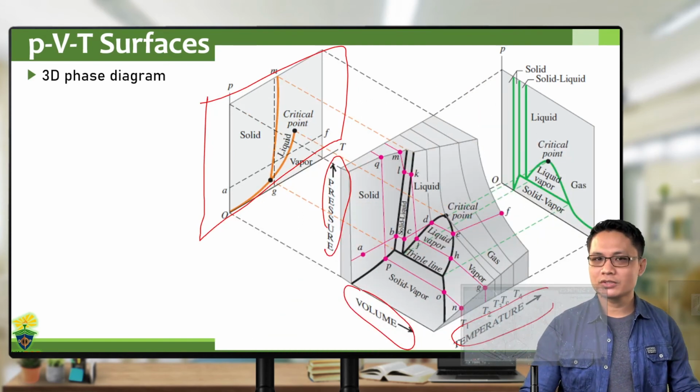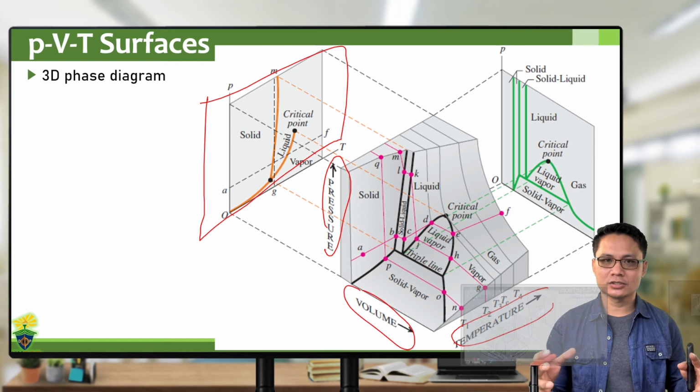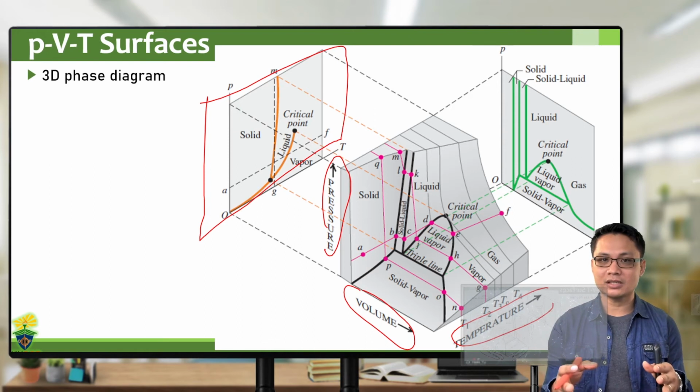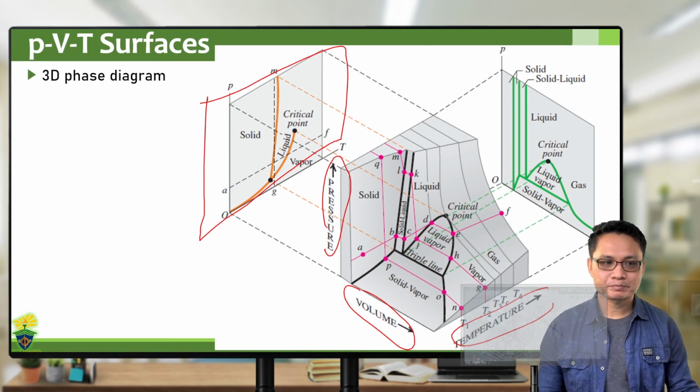Except water, which is anomalous, because most materials will exhibit expansion as they melt. However, water, as it melts at the temperature range from 0 to 4 degrees Celsius, contracts. And that's a unique property of water.